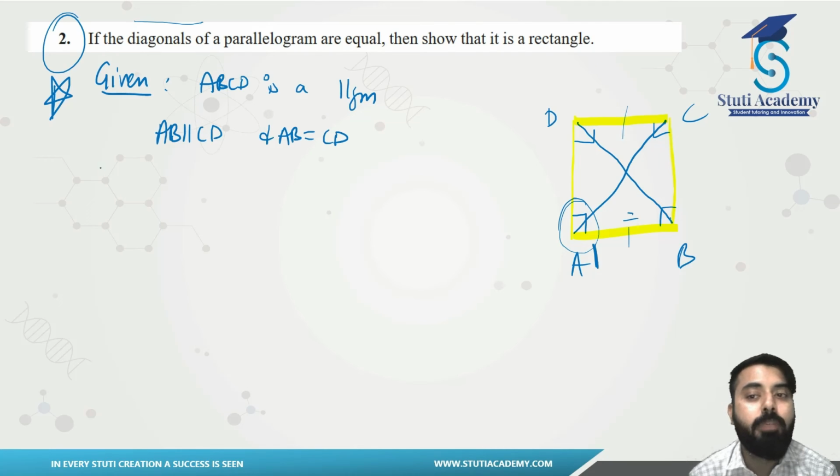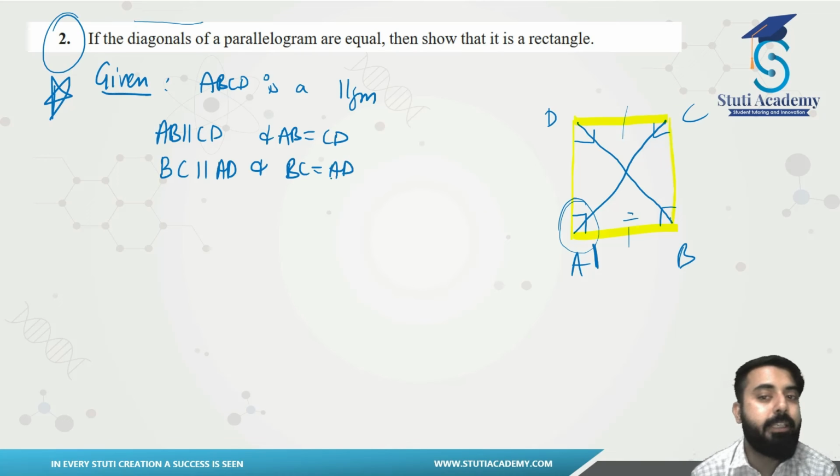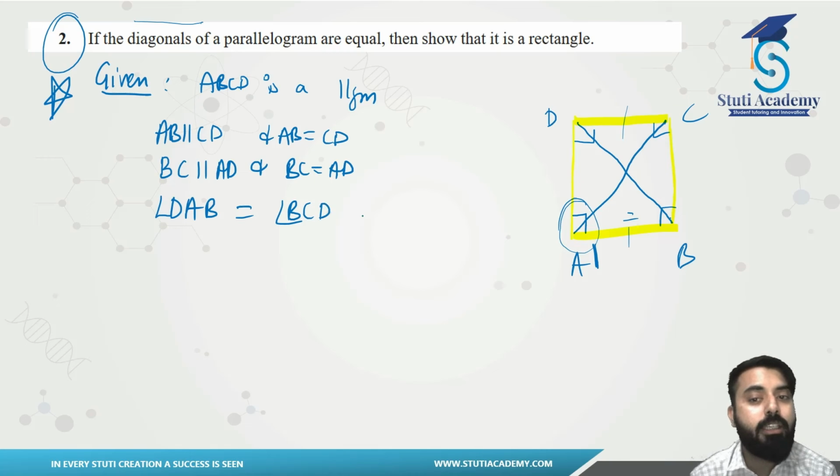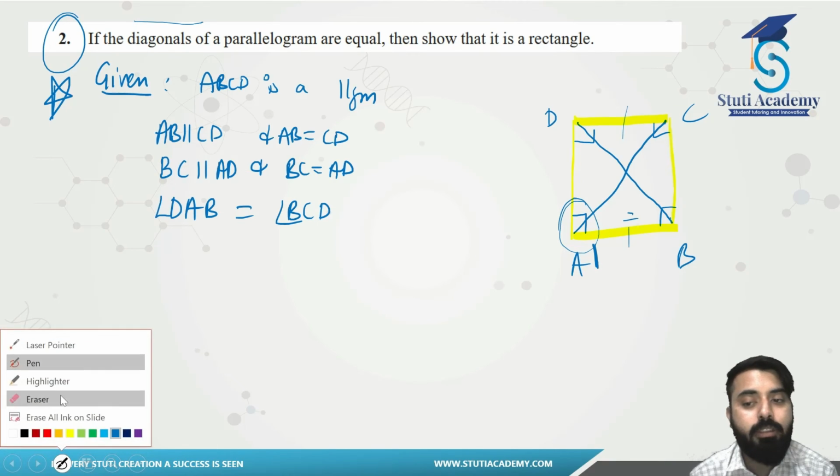Bear with me, that is the main thing. Also, I know BC will be parallel to AD and BC will be equal to AD. One more thing, I know angle DAB will be equal to angle BCD.